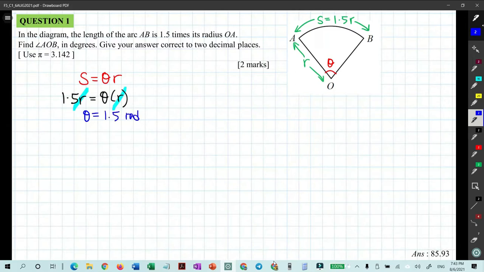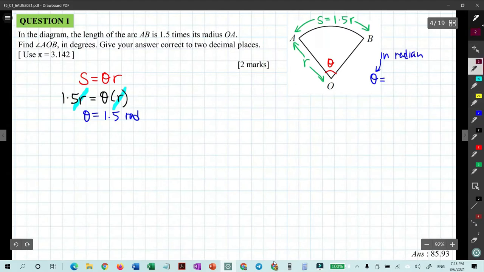You must understand that when you write the angle in radian, basically it represents the ratio of the arc length to its radius. So it's actually the ratio of S to r.